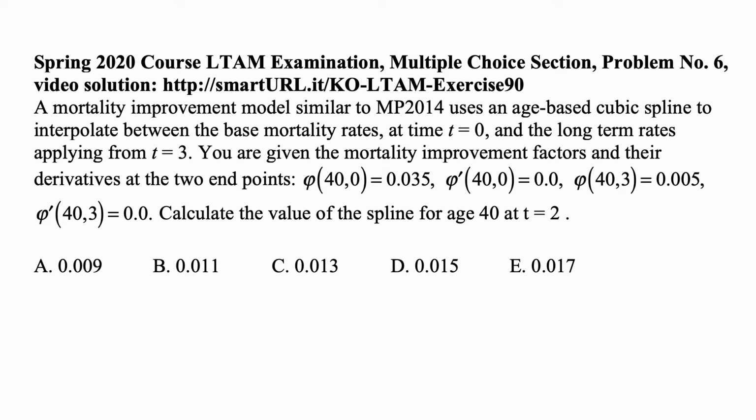Phi of (40, 0) is 0.035 and phi prime of (40, 0) is 0. Phi of (43, 3) is 0.005 and phi prime of (43, 3) is 0. Calculate the value of the spline for age 40 at t equal to 2.